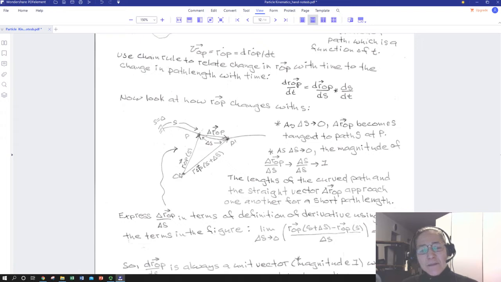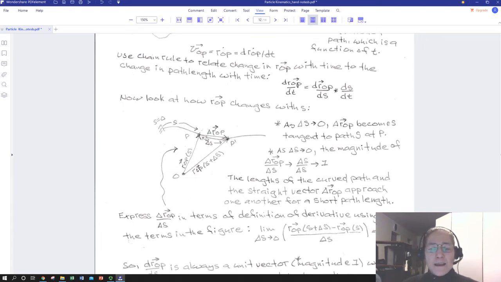At time t1, we've got a radius vector that's going to a point where we've traveled path length s, here at P. And then at some other time, delta t, the radius vector from the origin is pointing to this P prime, which is at s plus delta s along the path. So it's gone a little farther. It's gone delta s farther.